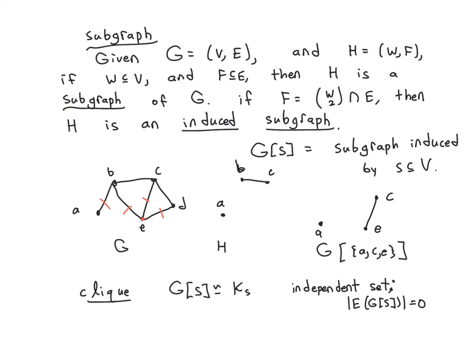So for instance, A and E form an independent set of size 2. And likewise, A and C form an independent set of size 2, and D and B and D and A form independent sets of size 2. Harder to see is that there's no independent set of size 3, and that there's no clique of size 4 in this particular graph.